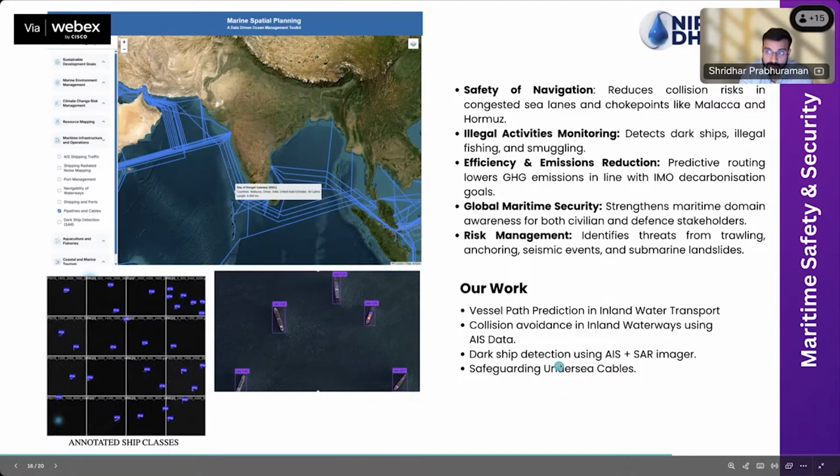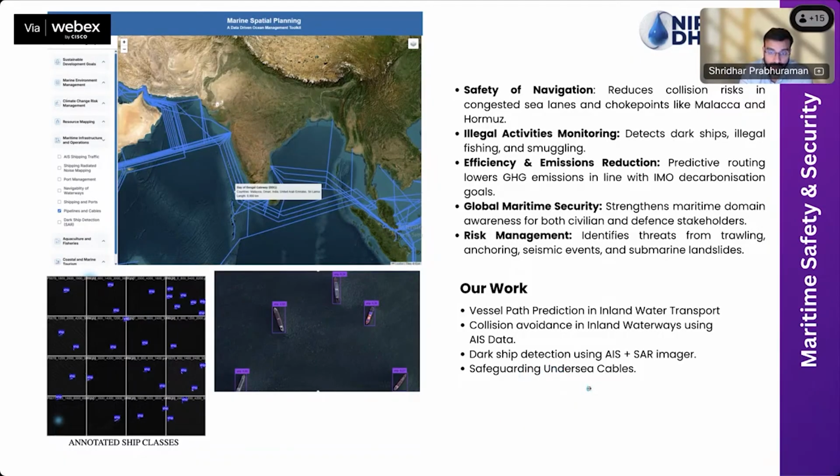Maritime safety and security is another element that we are adding. Most of the data that we obtain from SAR images and satellite data lets us identify the ships present in the region and the different classes of ships, and overlapping that with the shipping noise and the satellite AIS data allows us to identify which ships have their AIS transponder disabled.